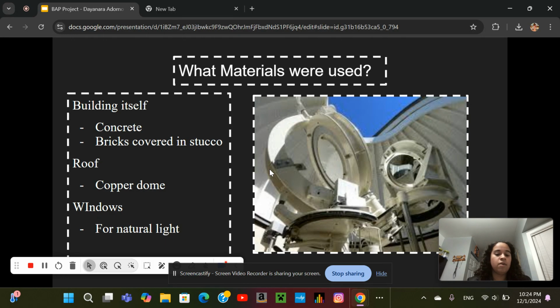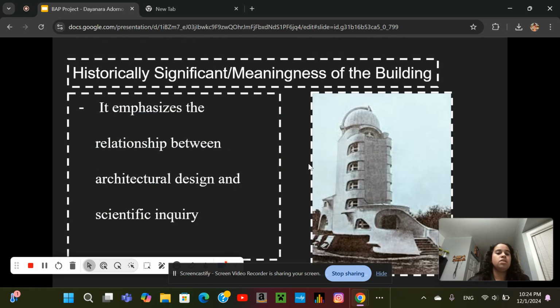Large windows allow for the natural light necessary for the building's function as an observatory. That's why this spot opens up, because it can open and close for the telescope to actually work for the observatory.